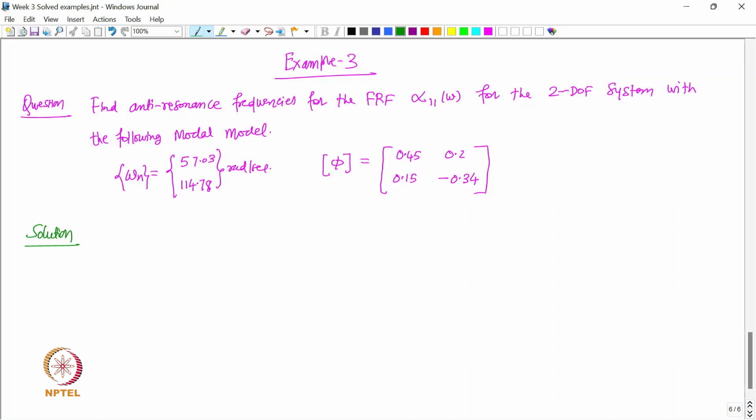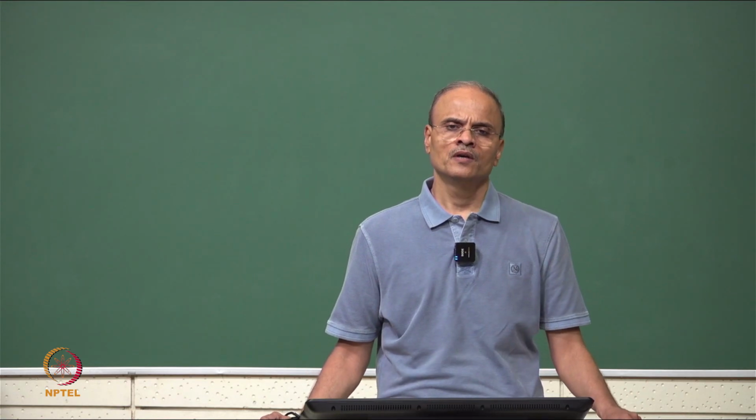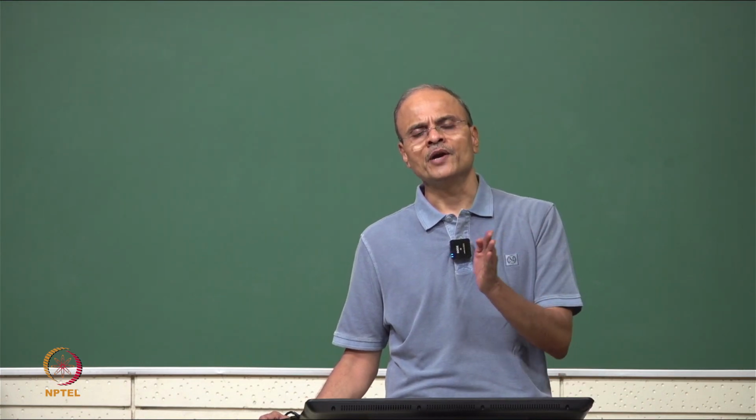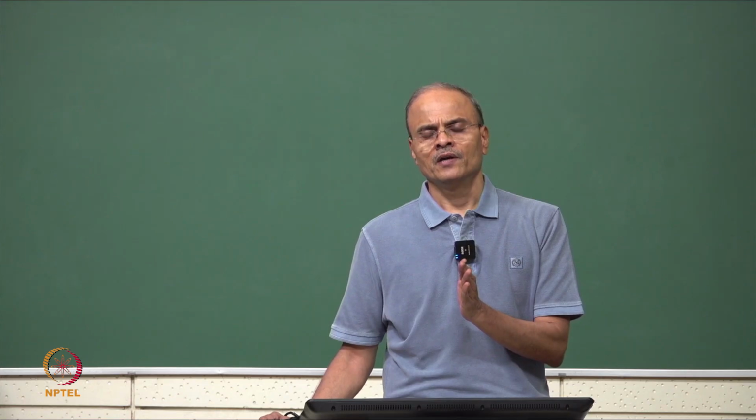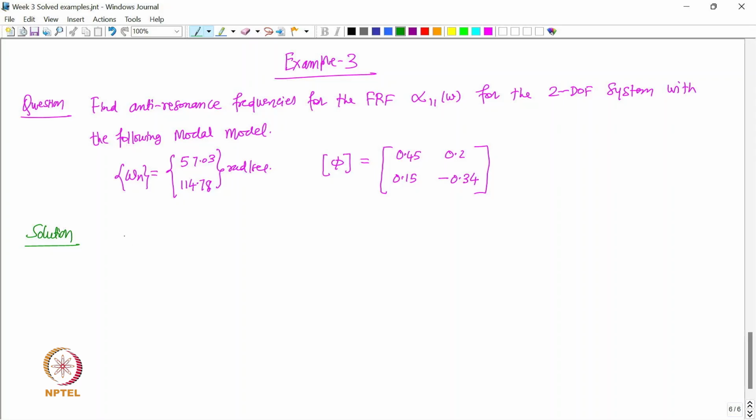As we studied in the lecture classes, the anti-resonance frequencies for undamped FRFs or undamped system are the frequencies at which the FRF magnitude becomes 0, correct. And therefore, if I plot the FRF alpha 1 omega magnitude here, it is going to look something like this. You can see at this point it is 0.